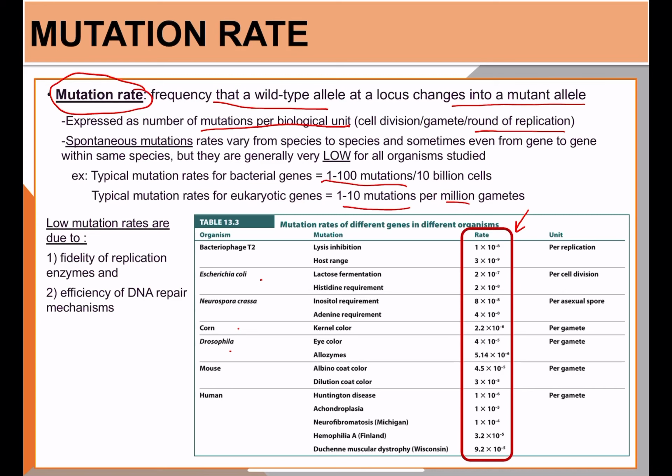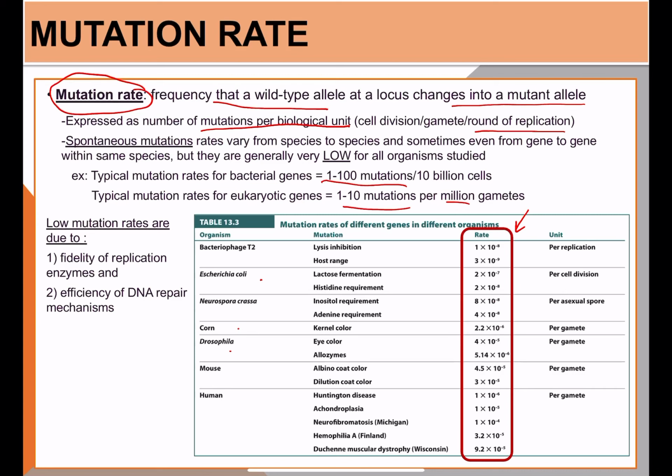Okay, now who do we get to thank for this low mutation rate in the natural world? There are two reasons. One is that we're thankful that our DNA polymerase has a high fidelity of replication, okay, which means it likes to keep the same nucleotide. It tends to want to incorporate the correct nucleotide. And remember, we talked about how DNA polymerase 3 actually has a proofreading function.